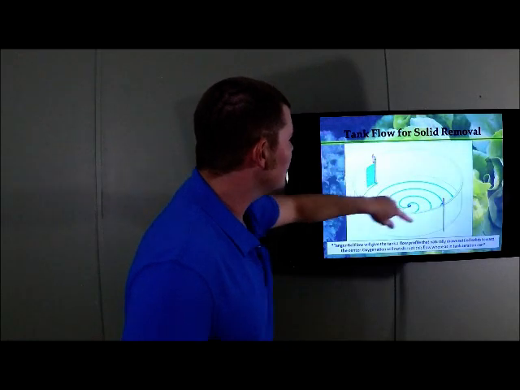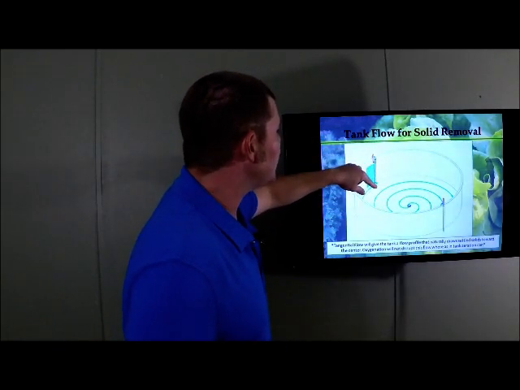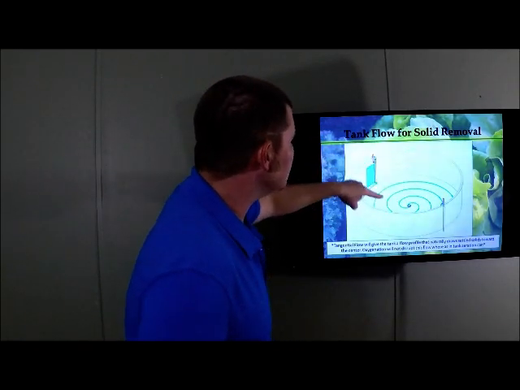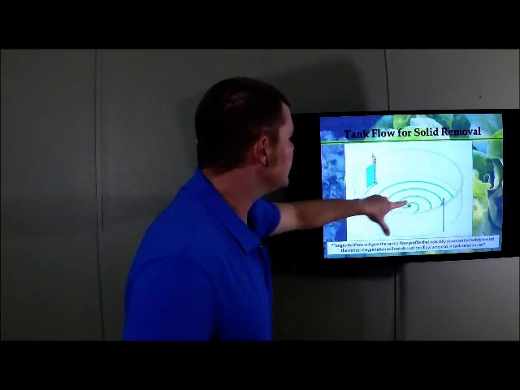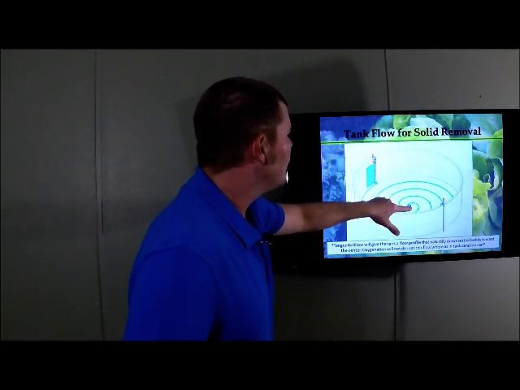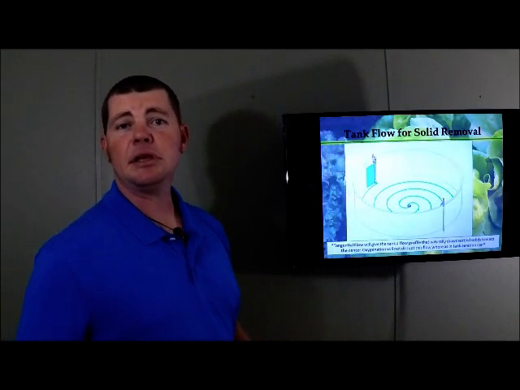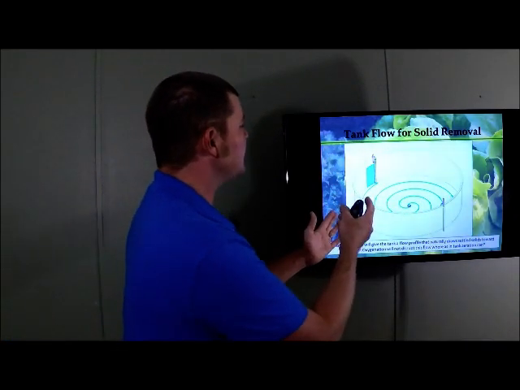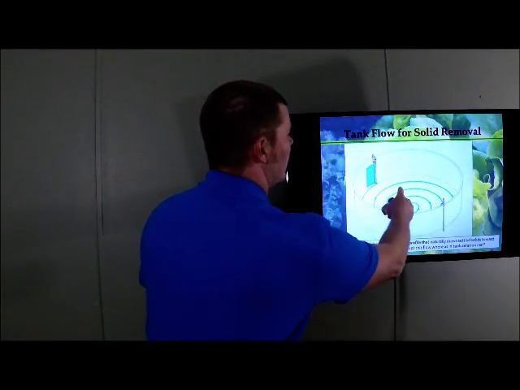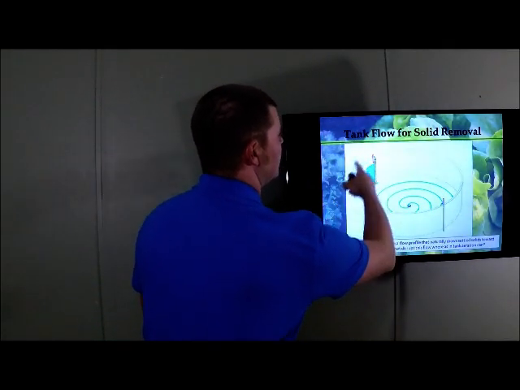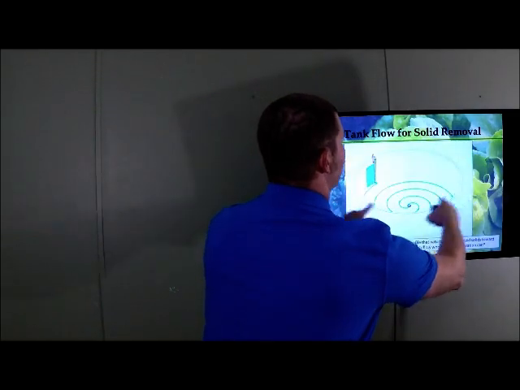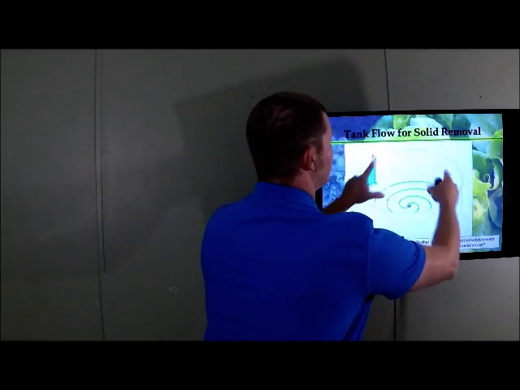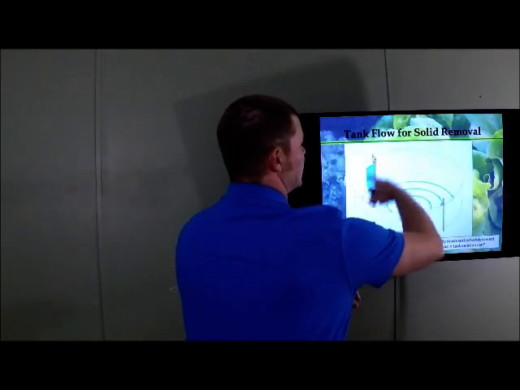As you see here, the waste is going to drop down to the bottom, and it slowly makes its way into the center of the tank right here. And that is the self-cleaning mechanism that we're looking to create. On top of this flow, there's a secondary flow that's going to be happening in this manner and in this manner at the same time that we have our circular velocity happening.